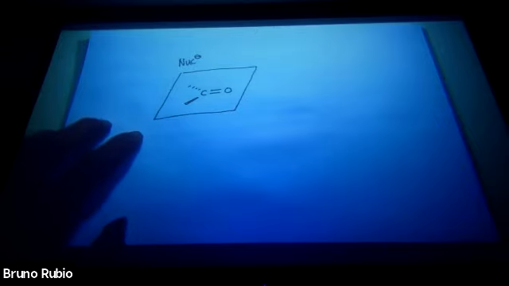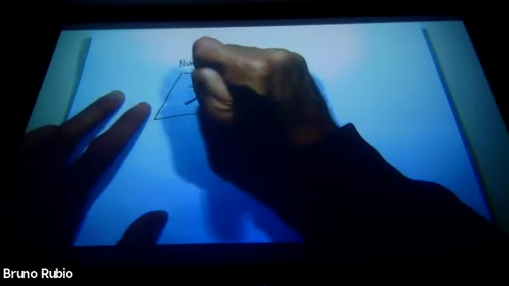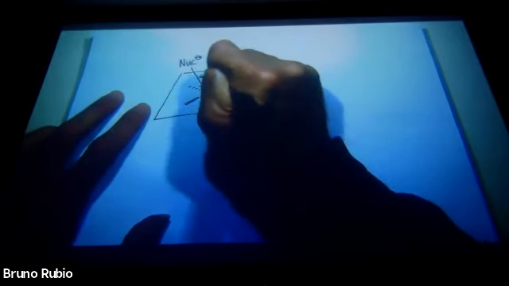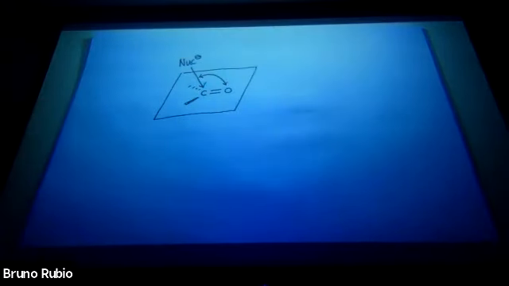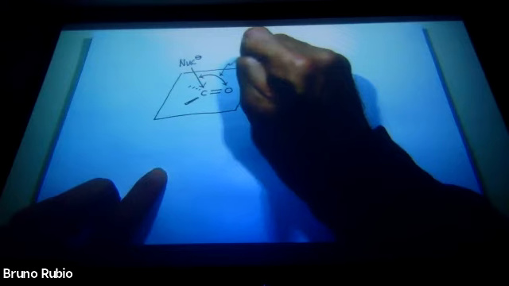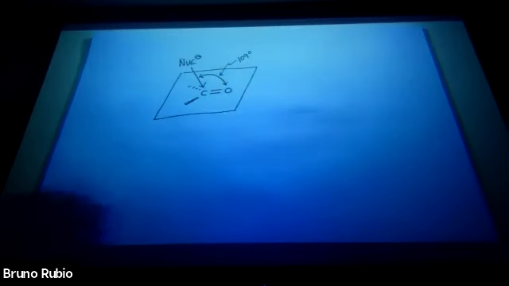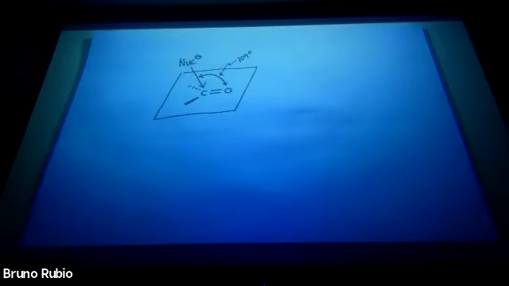He's attacking the carbonyl carbon from above the plane and making an angle of about 109 degrees. So this angle, the angle that the nucleophile, carbonyl carbon and carbonyl oxygen is making, that's the angle that is about 109 degrees. But the nucleophile can also attack from below the plane of the carbonyl.